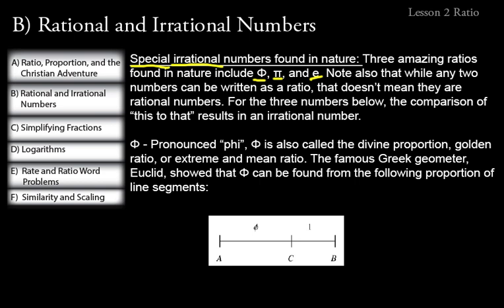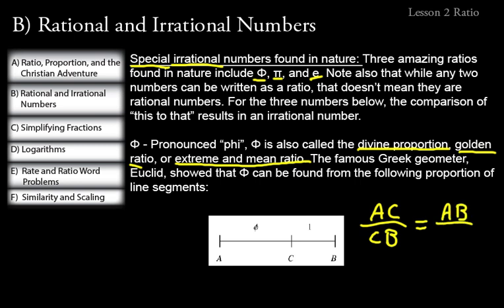That's also called the divine proportion, the golden ratio, or the extreme and mean ratio. And Euclid talked about that a long time ago, 2,000 plus years ago, and he showed that phi can be found from the following proportion of line segments, where the larger segment, AC, to CB, that ratio is the same as AB, the whole segment, to the larger AC.